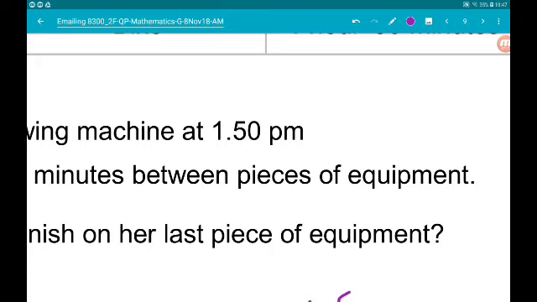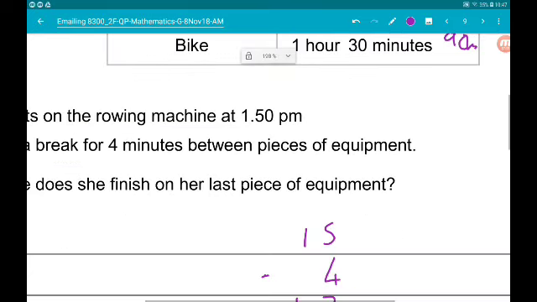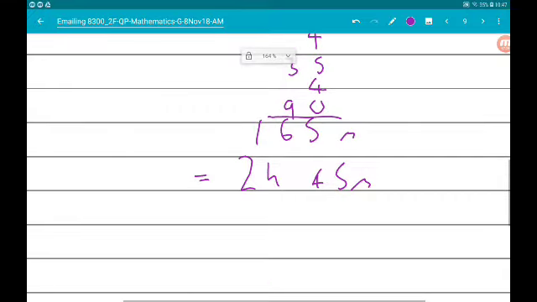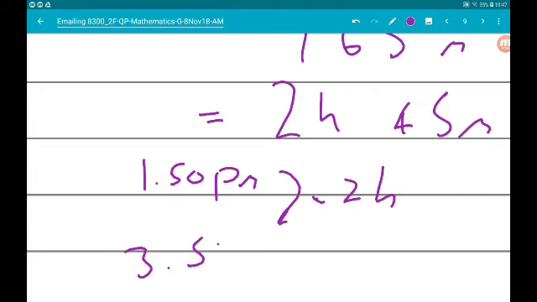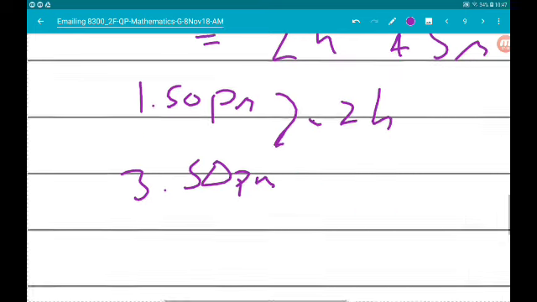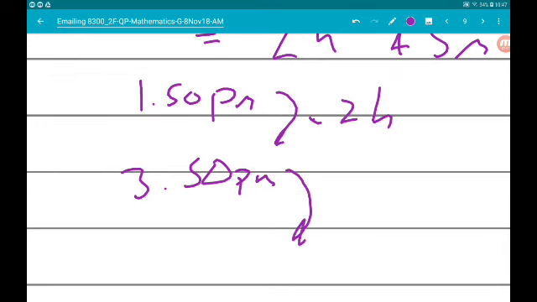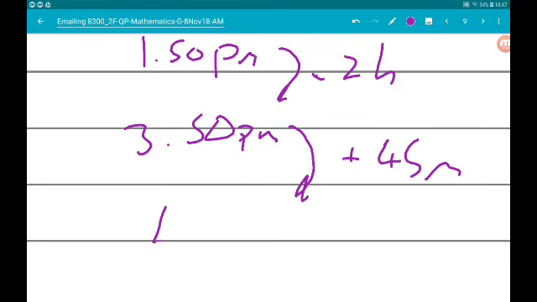She started at 1:50 p.m. So 1:50 p.m. add 2 hours is 3:50 p.m. Add 45 minutes, or 10 minutes would be 4 p.m. So it's going to be 4:35 p.m. Not sure what happened to that 3. Cool.